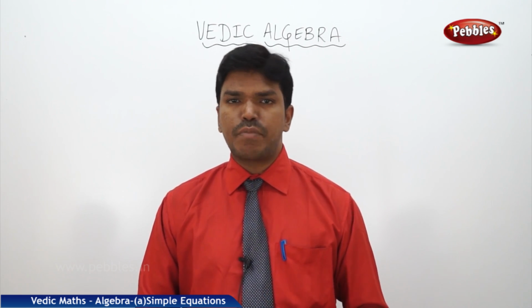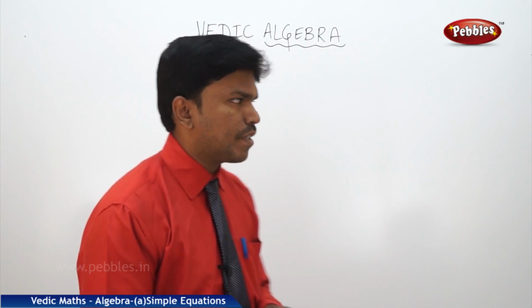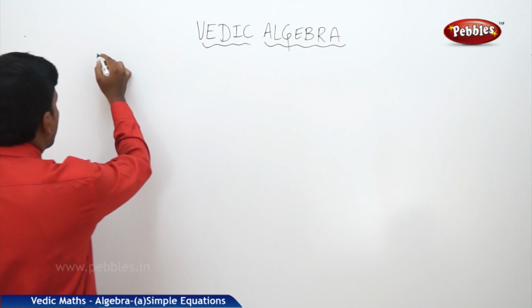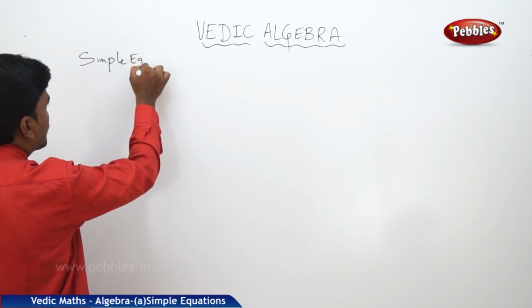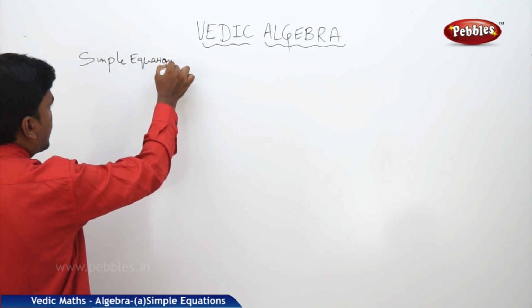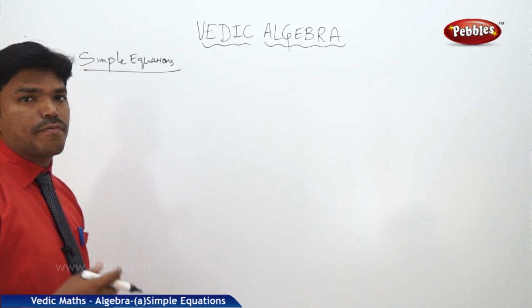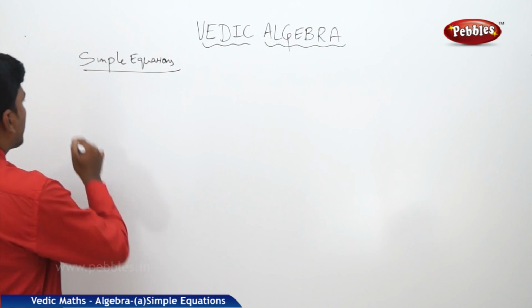First we will deal with the simple equations. Okay, first I am starting with a simple equation. In this one I will deal with type 1. What do you mean by type 1?